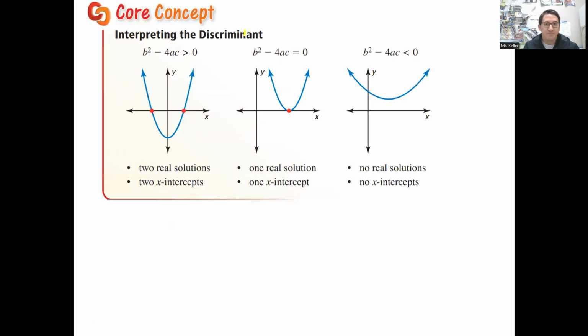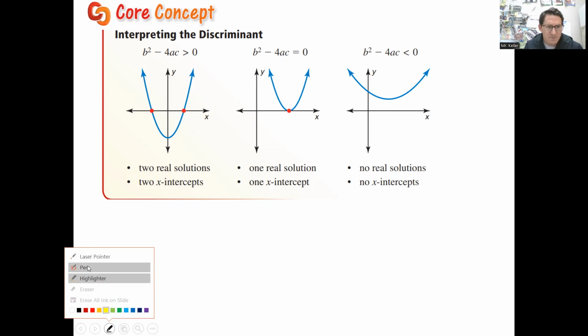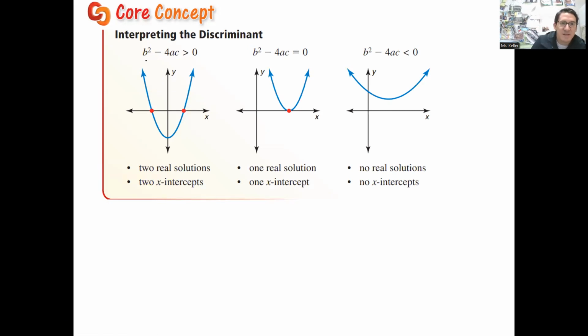So if we look here, determining the discriminant: if the discriminant is positive, if it's greater than 0, you can see it will have 2 solutions, where the solutions are where it is crossing the x-axis. Those are the 2 solutions.